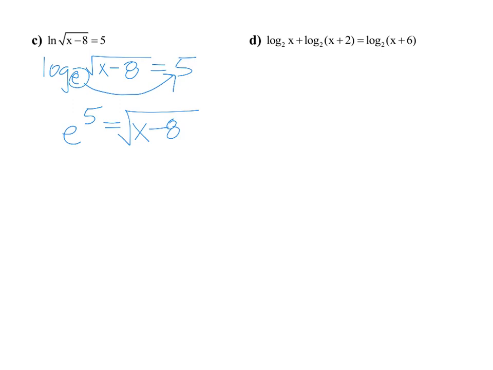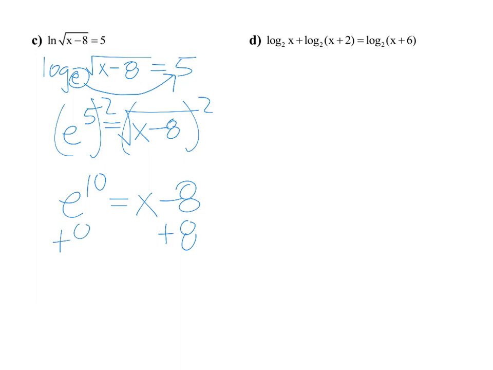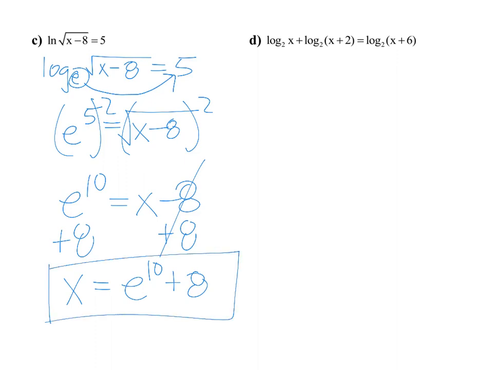Okay, and next step is to get rid of the square root. So I'm going to square both sides. And I have e to the 10th is equal to x minus 8. And then I'm going to add 8. So x is equal to e to the 10th plus 8. All right, done with that one.